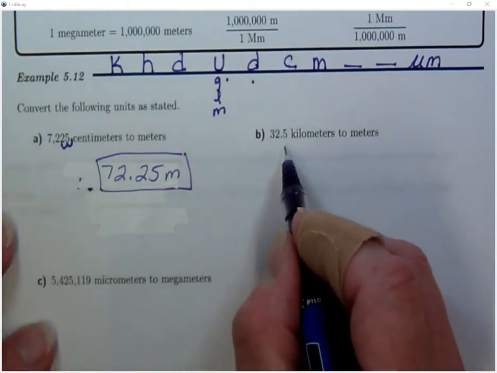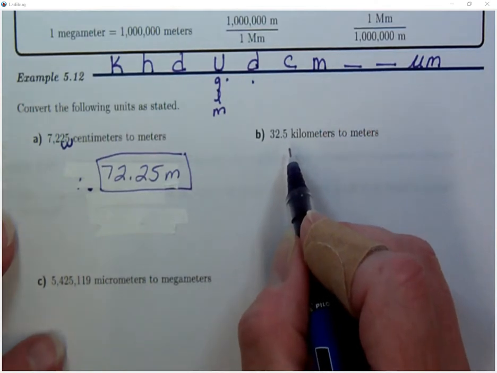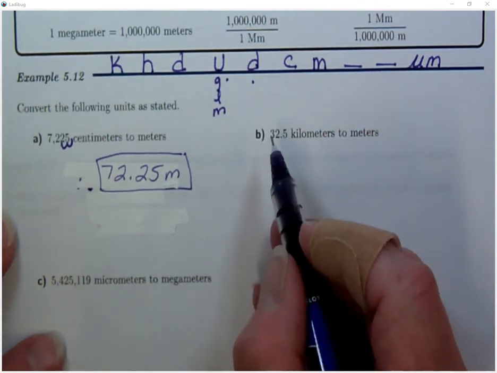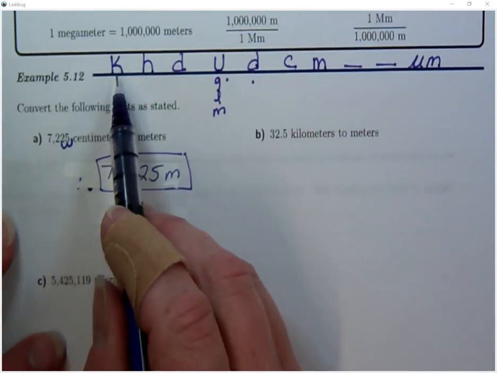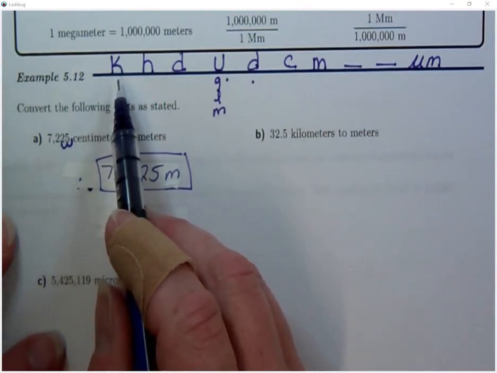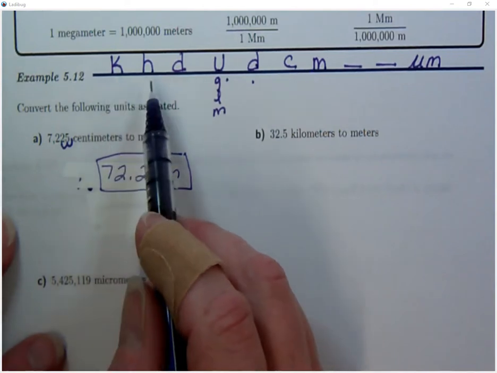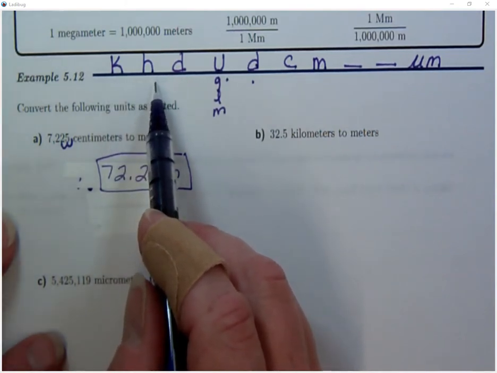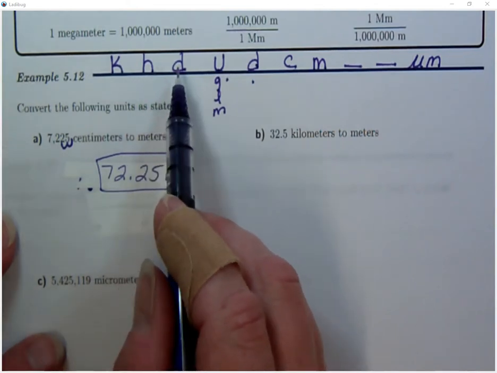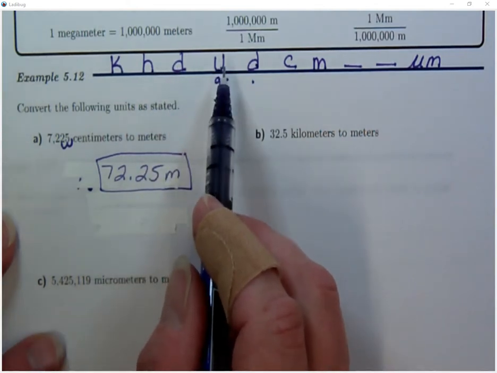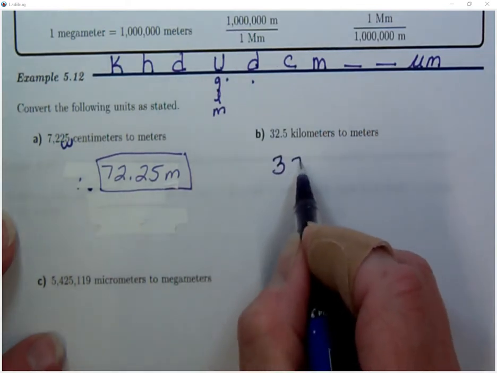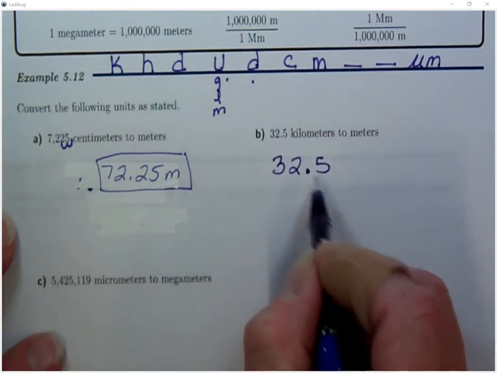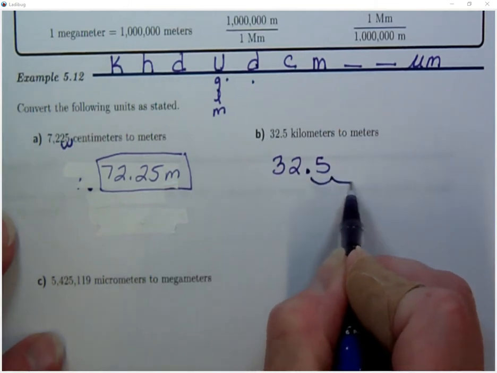Let me do another one here. So 32.5 kilometers, and we have kilometers over here. We don't count the space that we're on, and we are going to have to jump over to meters to the right. So we're going to go 1, 2, 3 places to the right. I'm just going to write it bigger here. We would go 1, 2, 3.